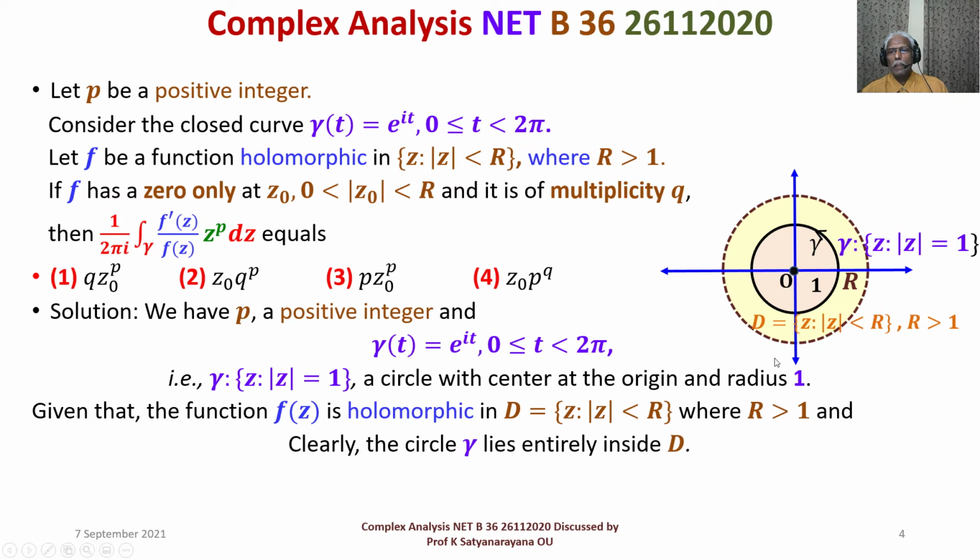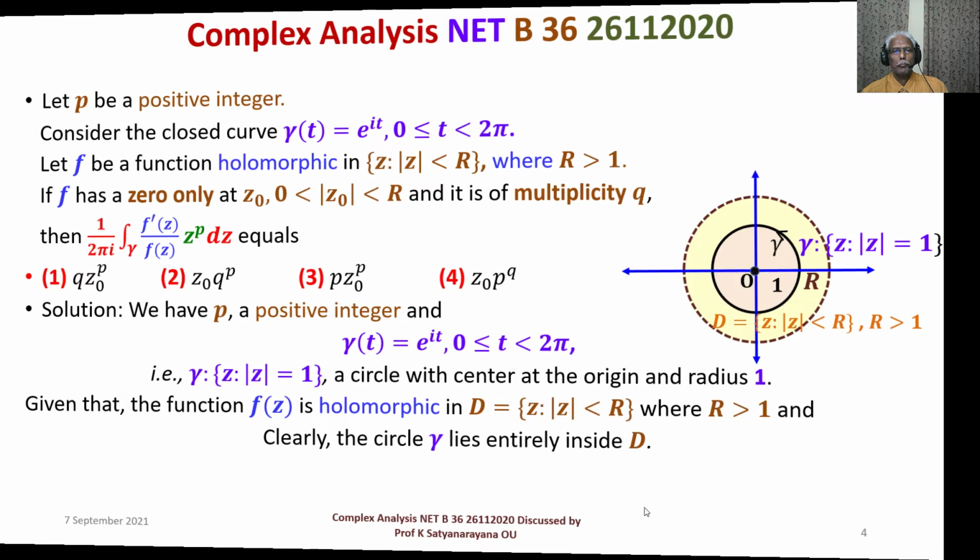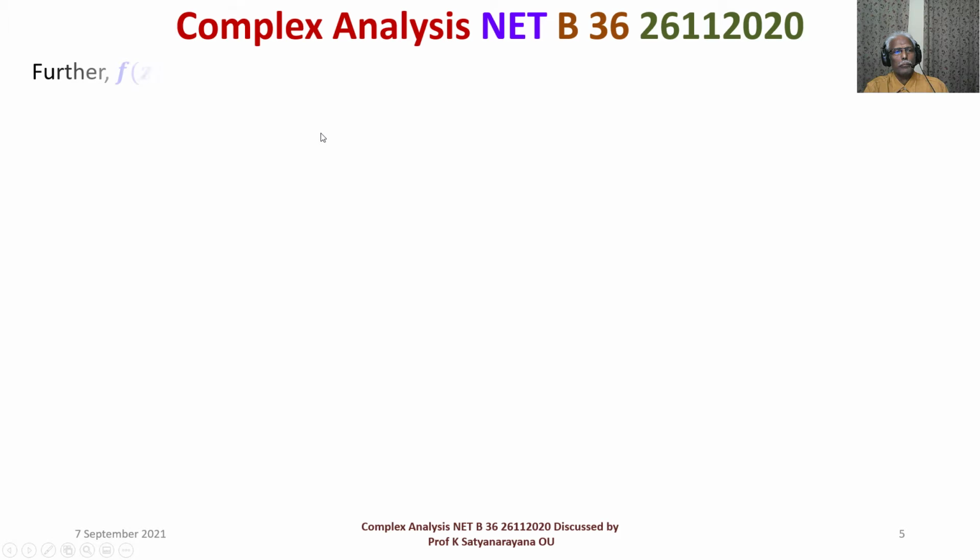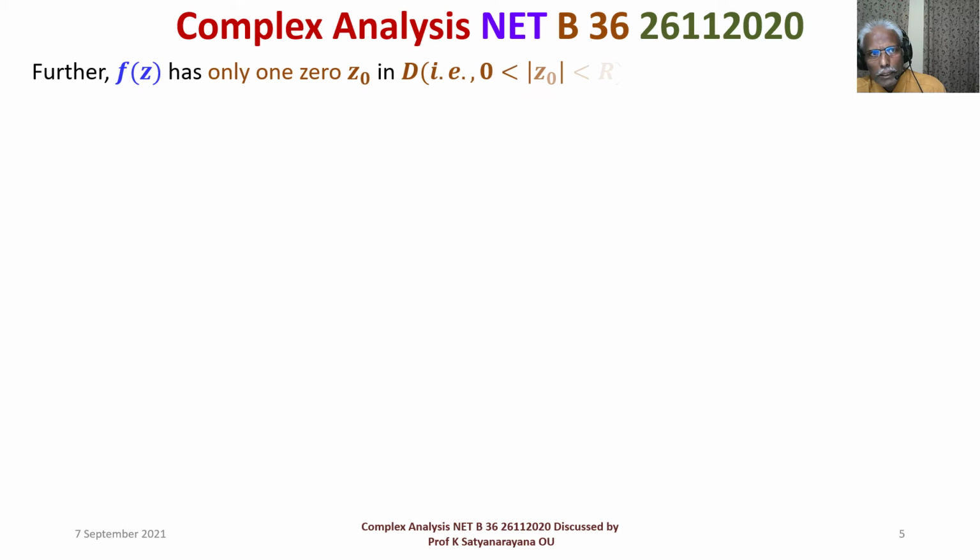Clearly, the circle gamma lies inside D. Further, f(z) has only one zero z0 in D, that is 0 < |z0| < R, with multiplicity q.